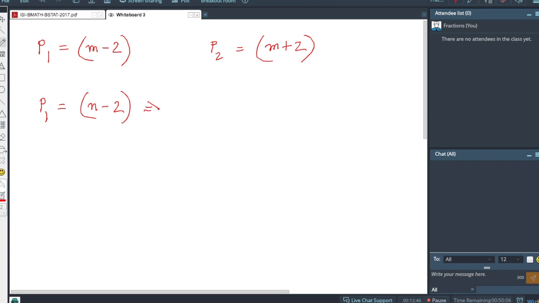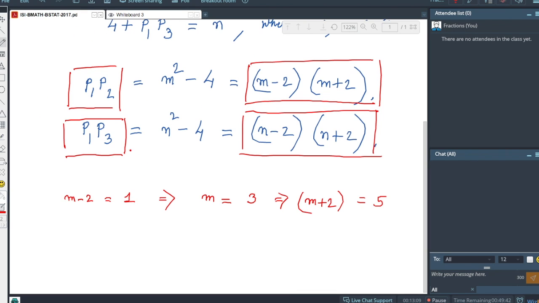We have P1 equal to m minus 2, as well as P1 equal to n minus 2. This implies that m is equal to n, and this implies that P2 is n plus 2.